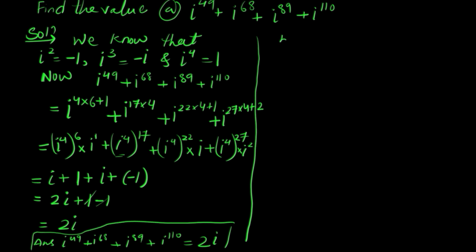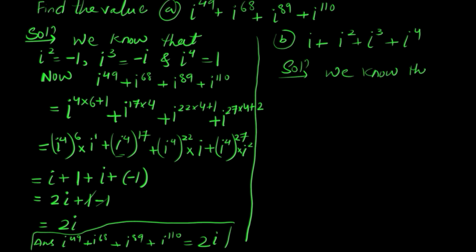Similarly, the second question we have to solve: i plus i square plus i cube plus i raised to 4. Solution. We know that i square is equal to minus 1, i cube is equal to minus i, and i raised to 4 is equal to 1.